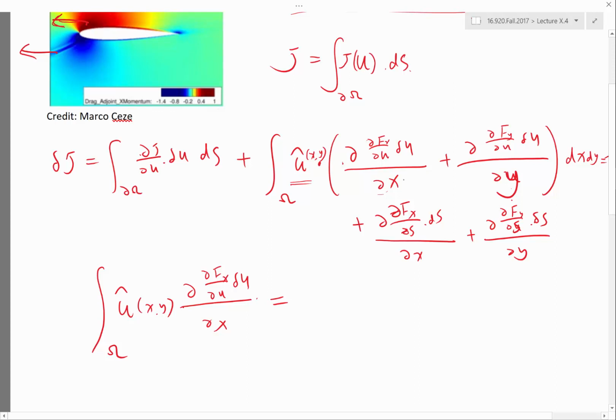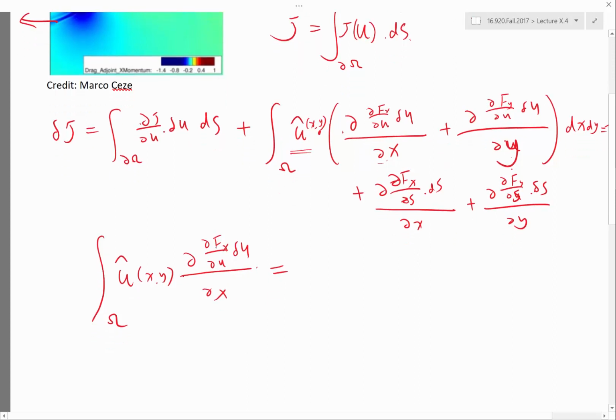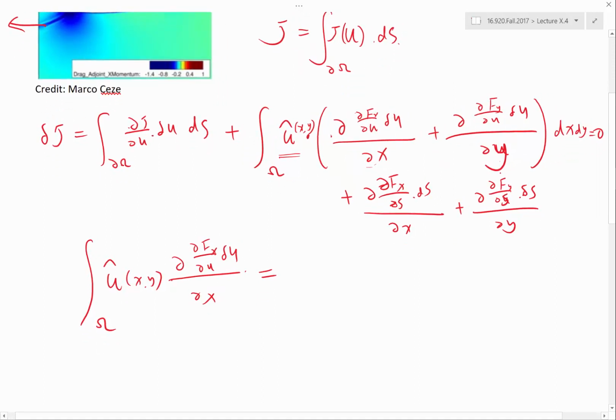So let's see. I should actually first of all be writing this in a divergence form, or is it divergence or gradient? Yes, I should be writing this in a divergence form. Right. So anyway, let's first do the integration by parts in the x direction. It's a little bit easier than writing this in the divergence form.